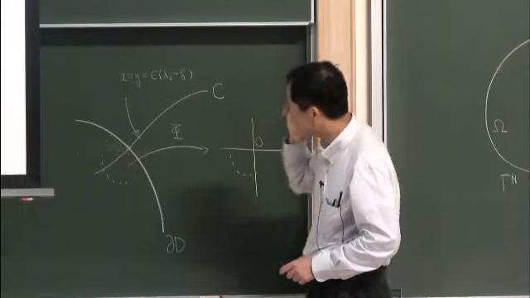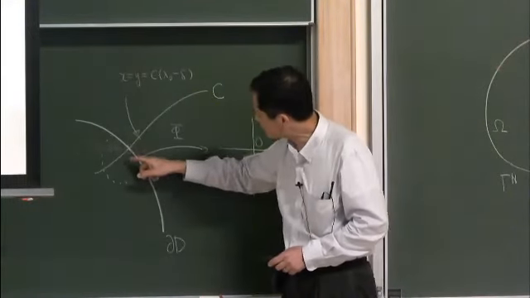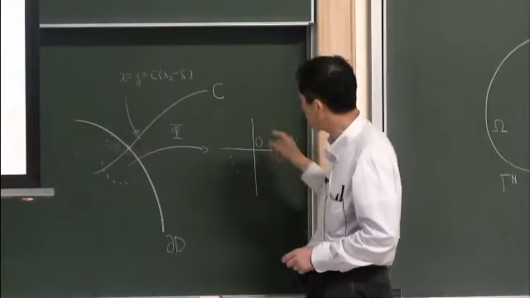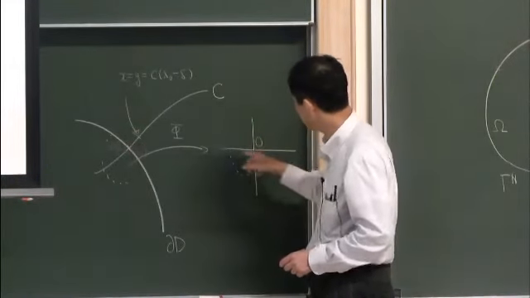Okay, and then in this neighborhood, I will make a change of local coordinates, which can flatten this part of the boundary.